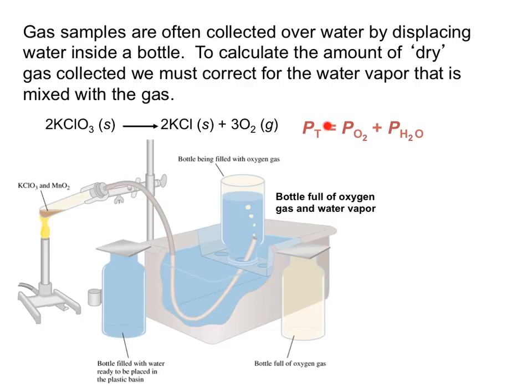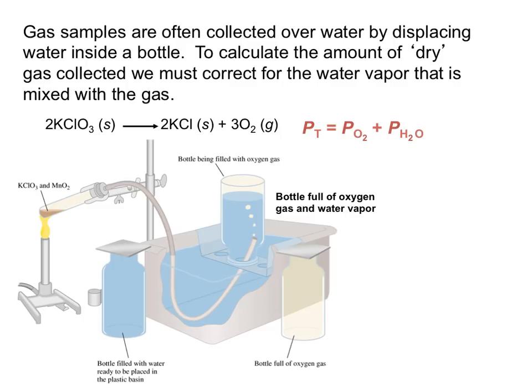So we'll use Dalton's law here, but the pressure total in this case is going to equal the pressure of the gases that are collected plus the water vapor that might also be contained in the bottle. Now, when the bottle's height is adjusted in the tub of water, basically what you end up doing is equalizing the atmospheric pressure to the pressure of the gases that are in that container.